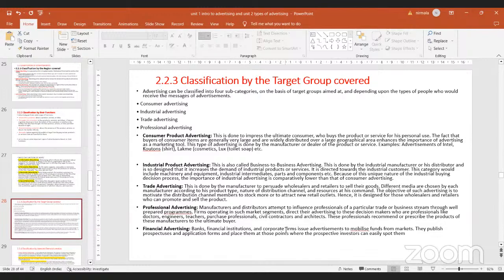Engineers need whatever they need, and for teachers, if you want to sell your books, teaching study materials, chairs, or computers, then you may target teachers or teaching professionals who are running educational institutions. So those who run these educational institutions would be your target group.